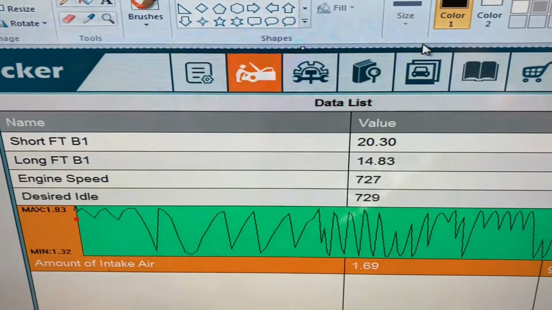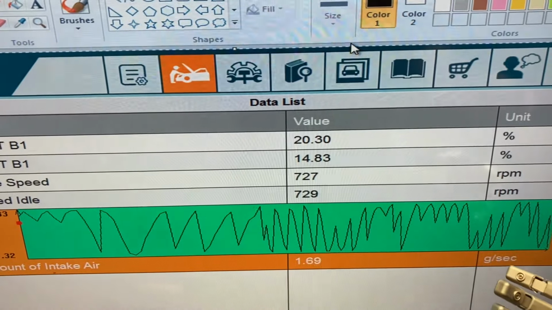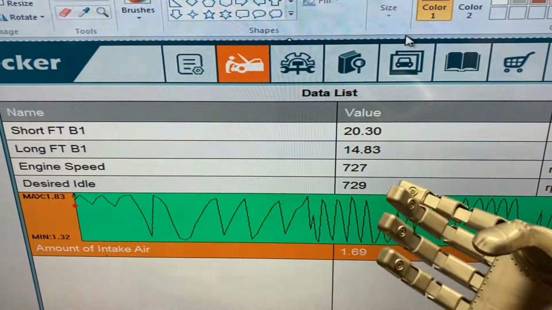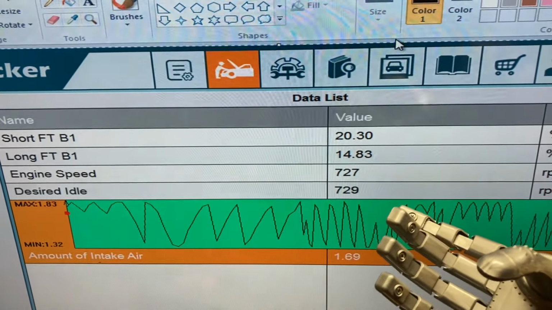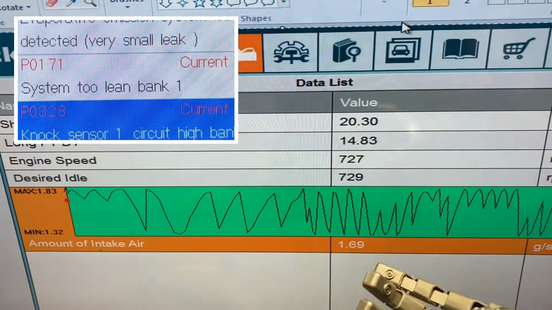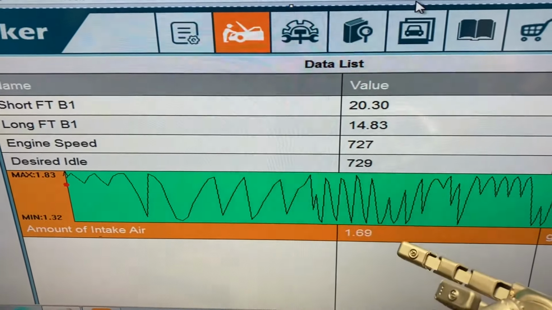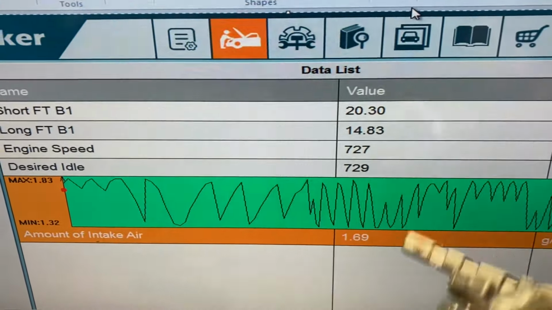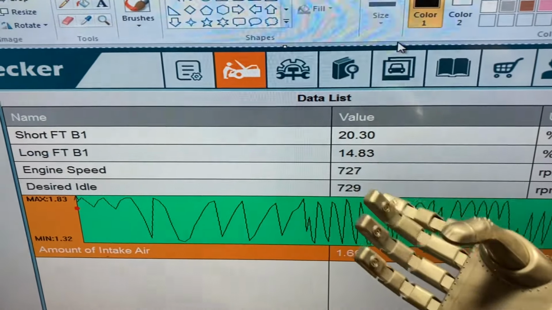So the fuel would have been applied for 1.7 grams per second of air entering the engine in order to keep the stoichiometric balance in the air-fuel mixture. Well, clearly the oxygen sensor was saying, no, we don't have enough fuel, again because there was 2.1 grams per second of air entering the engine. There wasn't enough fuel at the standard trim of 0.0.